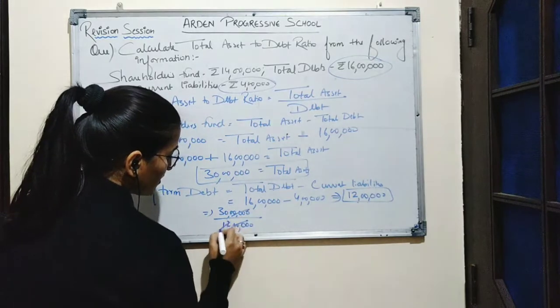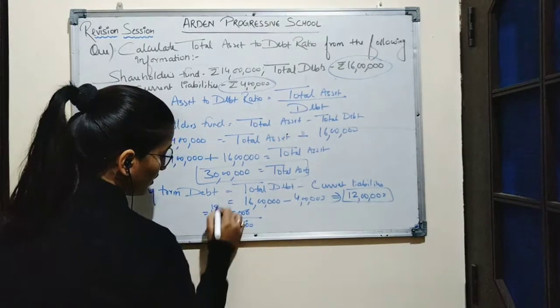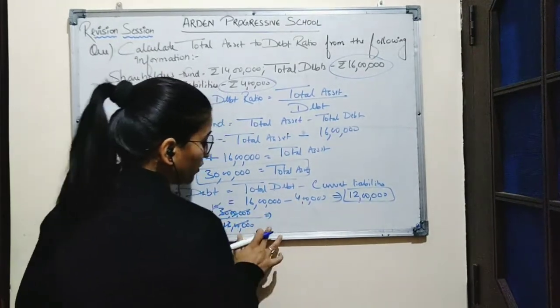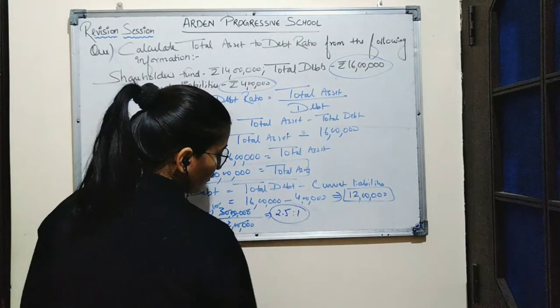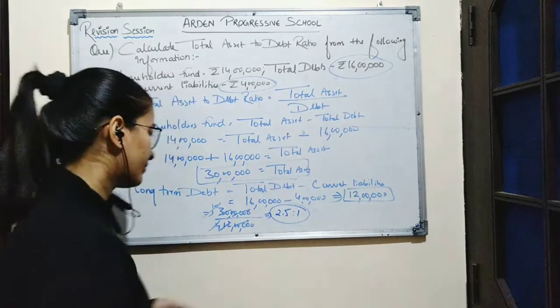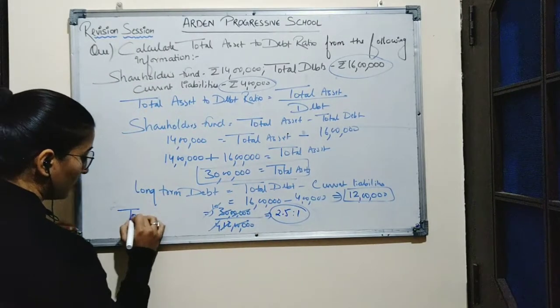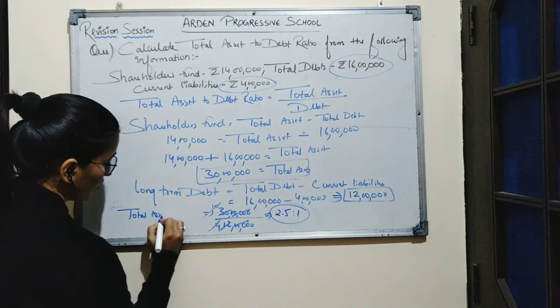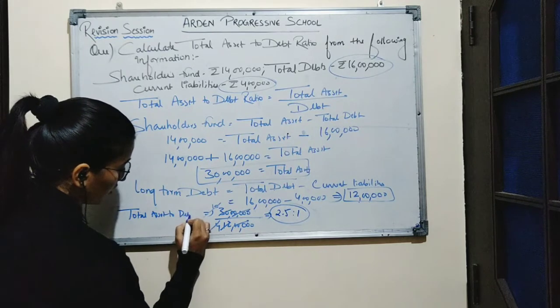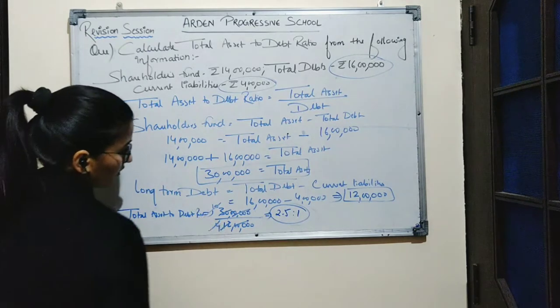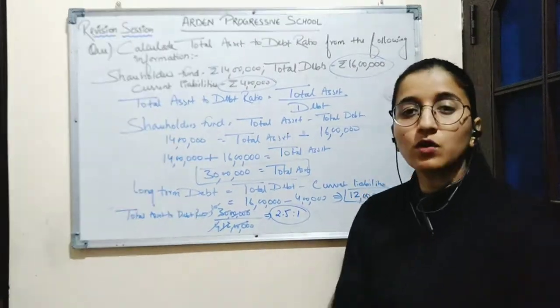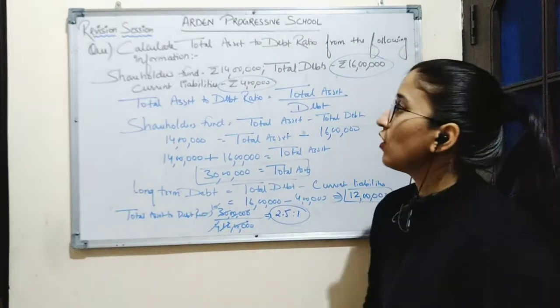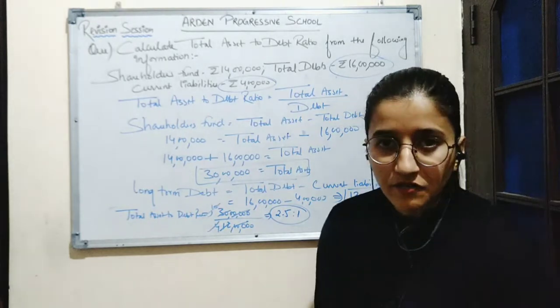By solving this, we get the total asset to debt ratio as 2.5:1. This is total asset to debt ratio. So this is how we solve the question based on calculation of total asset to debt ratio.